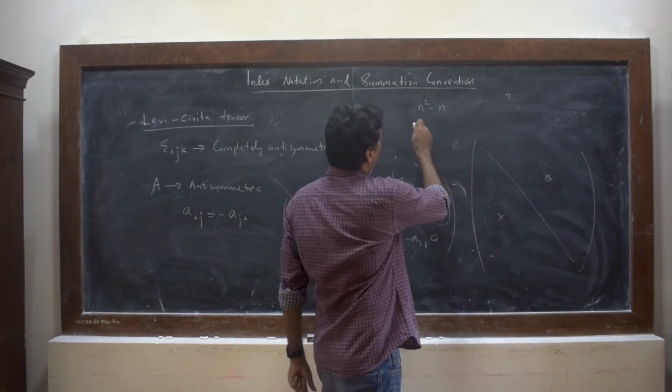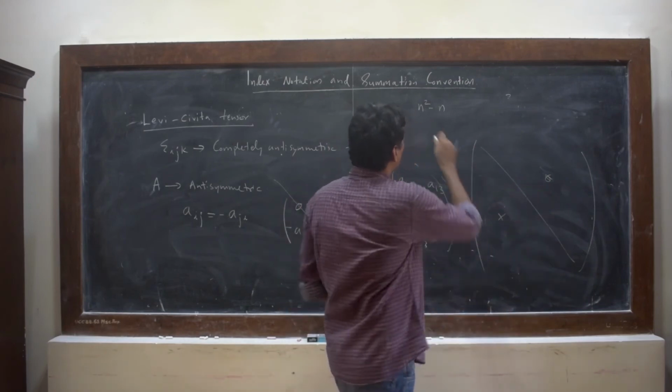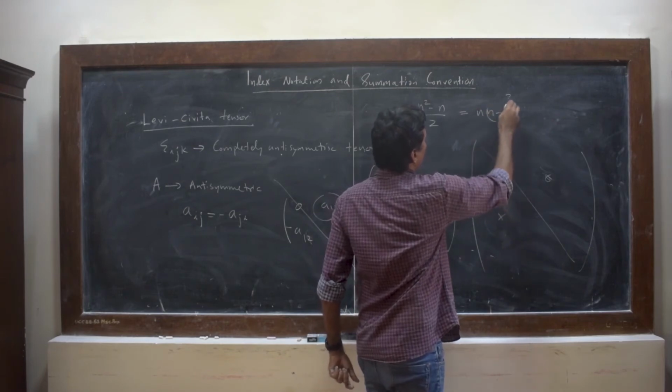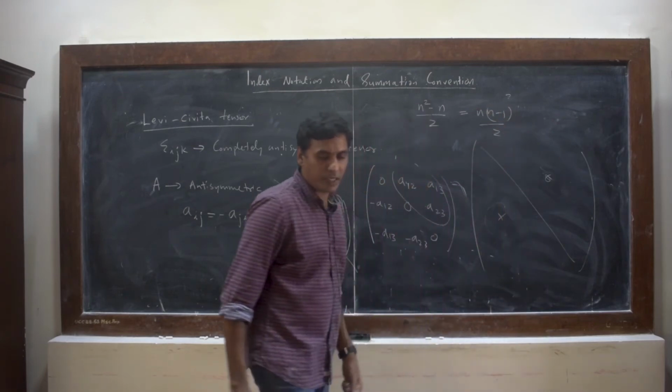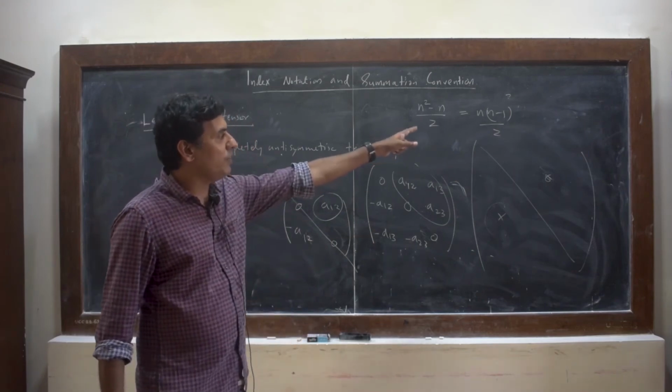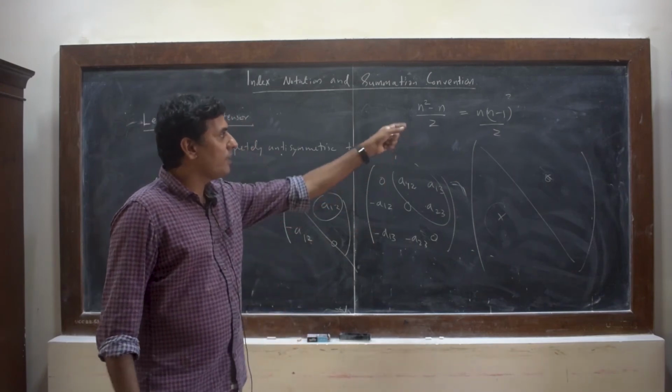Okay. So the number of independent elements will be half of that, which is equal to n into n minus 1 by 2. So the number of independent elements in an antisymmetric n cross n matrix is n into n minus 1 by 2. You can just check it when n equal to 2.